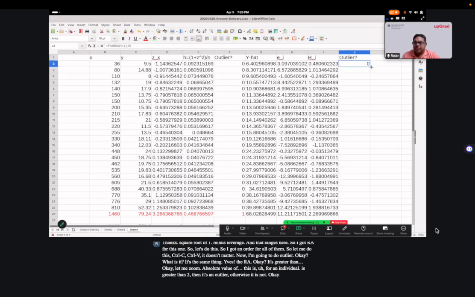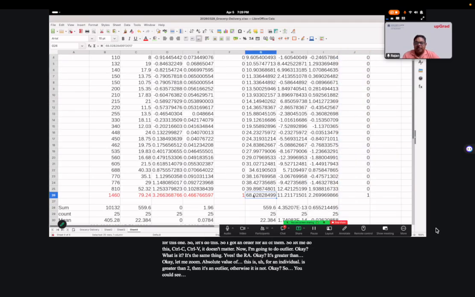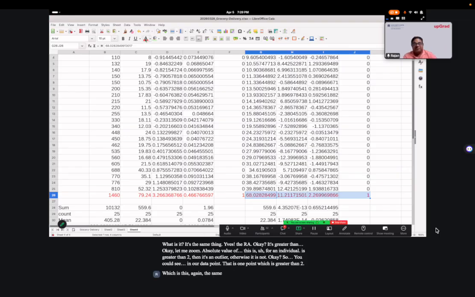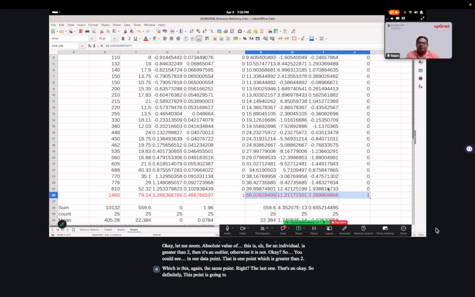So you could see in our data points, there is one point which is greater than 2, which is this, again, the same point, right? The last one. That's an outlier. So definitely this point is going to be an outlier.